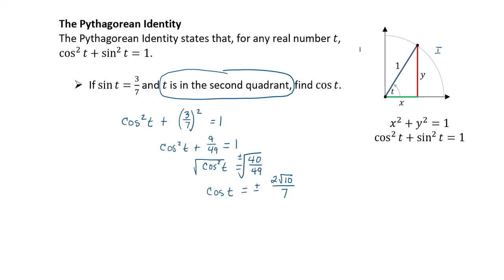First quadrant here, second quadrant over here. Now, x is going to be positive over here, but x will be negative over here. Similarly, cosine will be positive over here, but it'll be negative over here. So I'm going to want to choose the negative 2 square roots of 10 over 7. So my cosine of t in the second quadrant is equal to negative 2 square roots of 10 over 7. That is the negative choice.